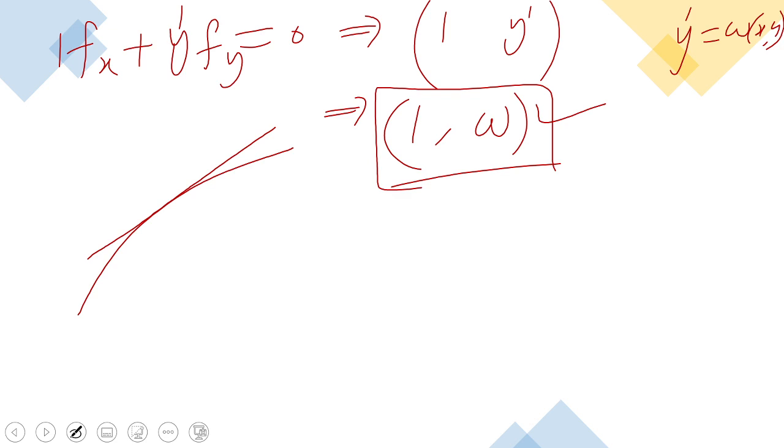So the whole knowledge is encoded in this omega. You pick that omega from the differential equation and make your tangent vector, tangent space, and then proceed with the calculation. So this is the tangent space, and you integrate it.